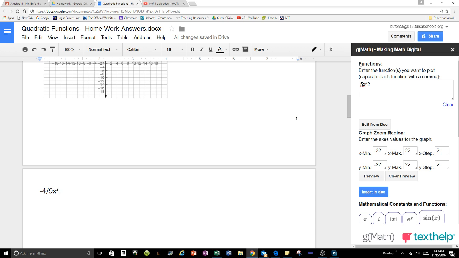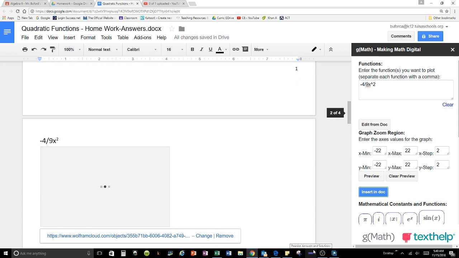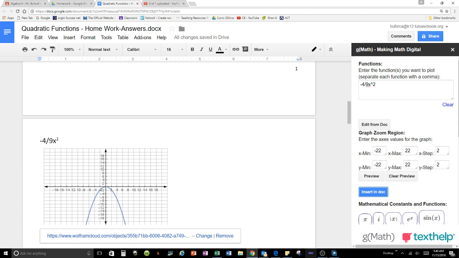So minus 4/9 x squared. So let's go up here and we put minus 4/9 x squared. Under here, hit the insert doc. It should fold downward. Yes, it does. And you notice it's a little fatter because it's less than 1.